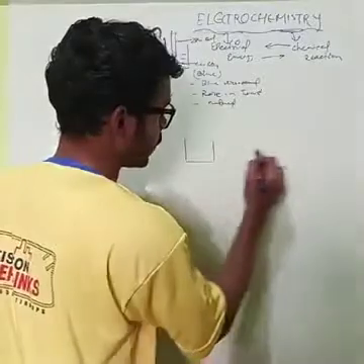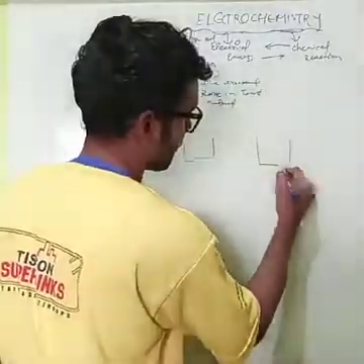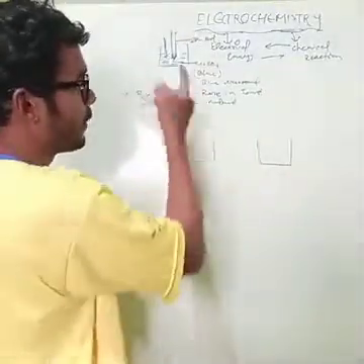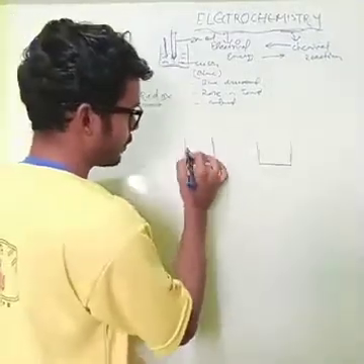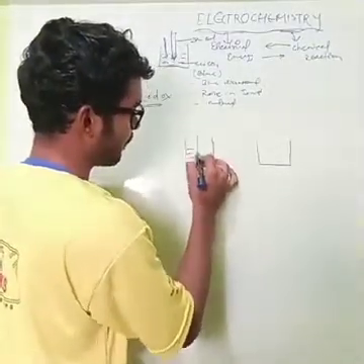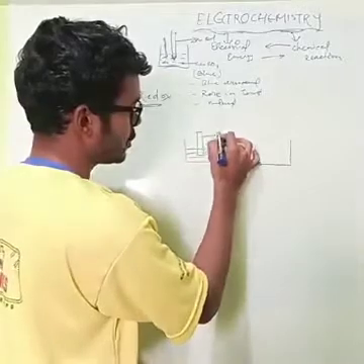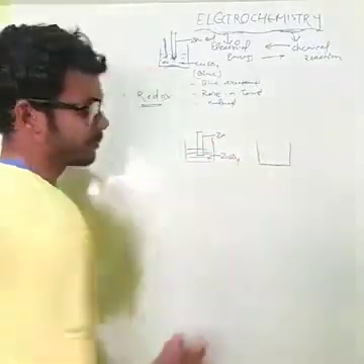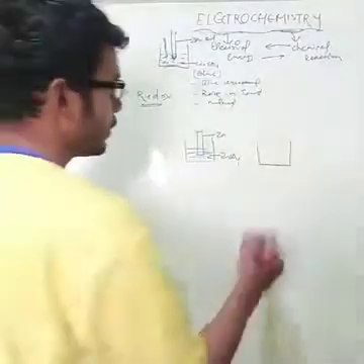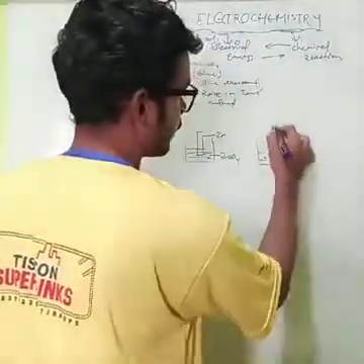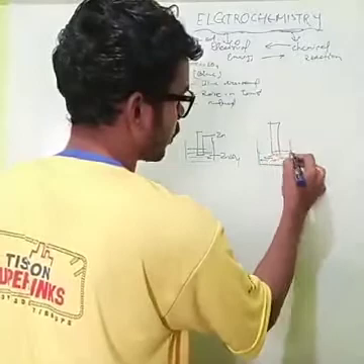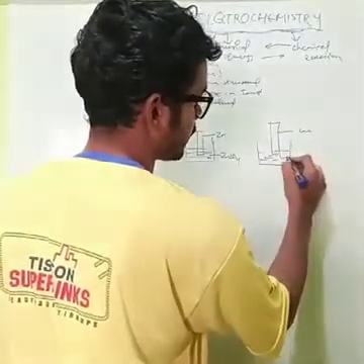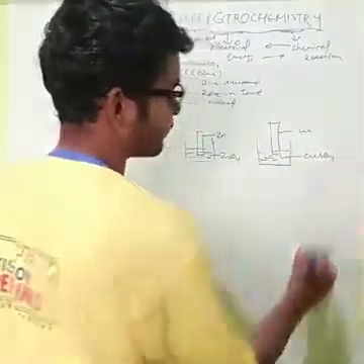We have taken two half cells. Here we have taken a zinc rod, and the solution is ZnSO4. Here again we have taken a copper rod and the solution is copper sulfate.